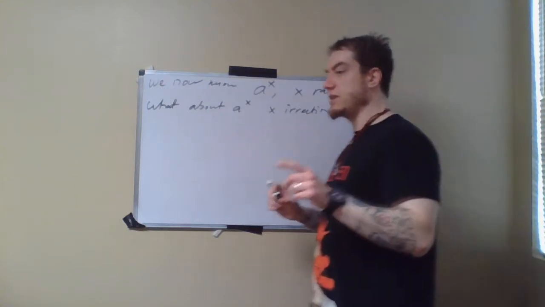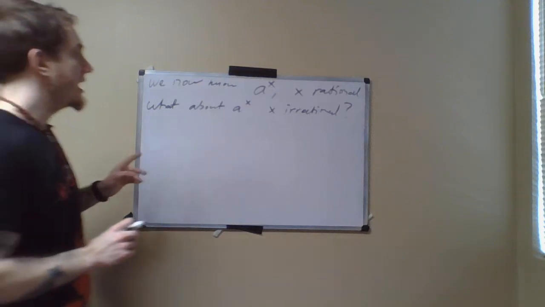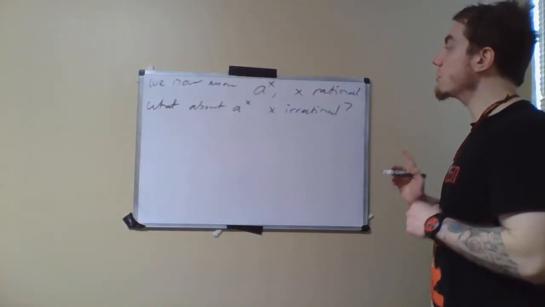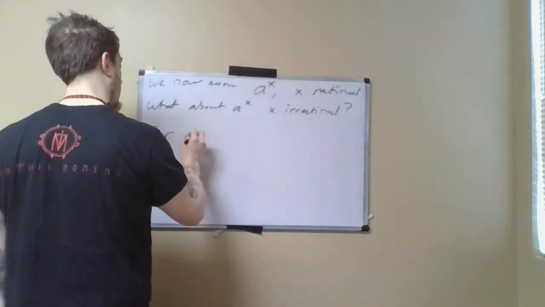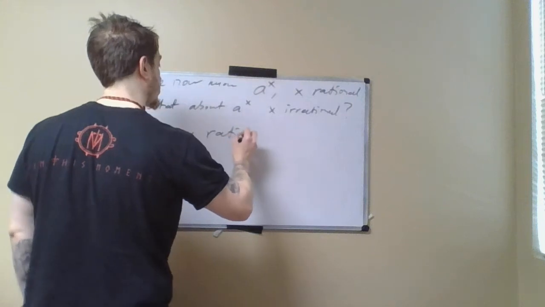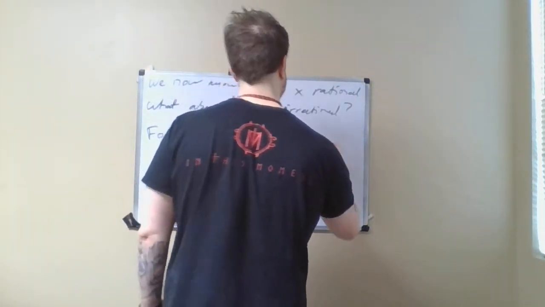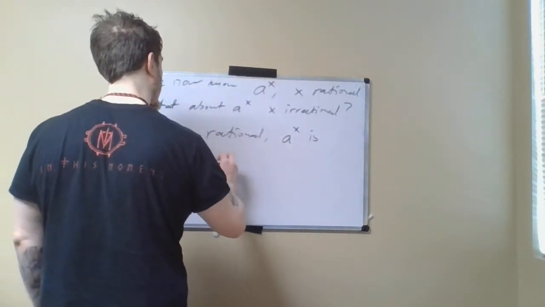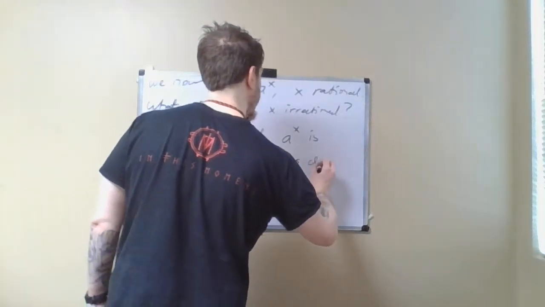So we are going to need to be a little bit more careful here about what we are doing. And what are we going to put in here? Well, the way that we're going to do this is notice for x rational, a to the x is always increasing or always decreasing.